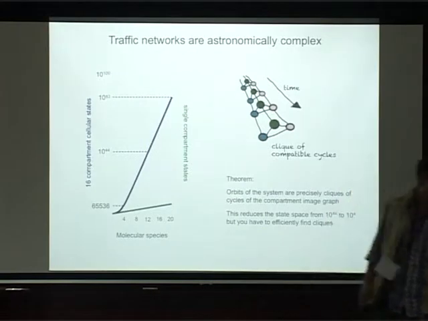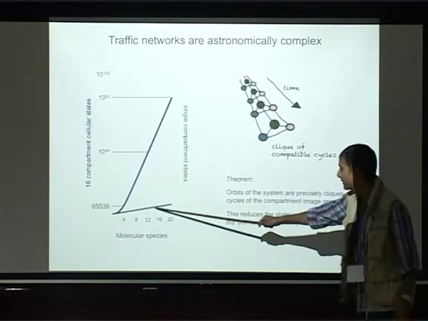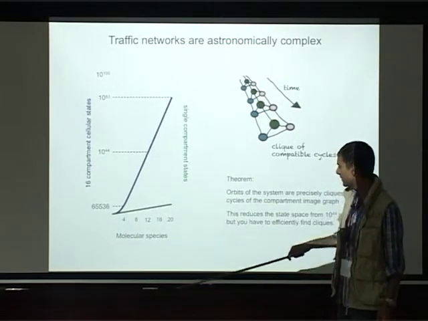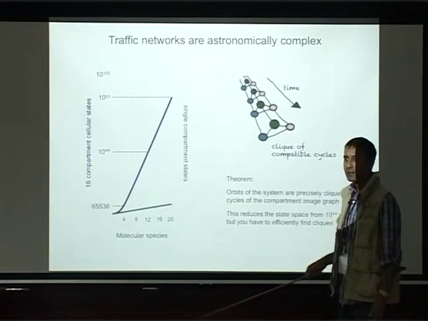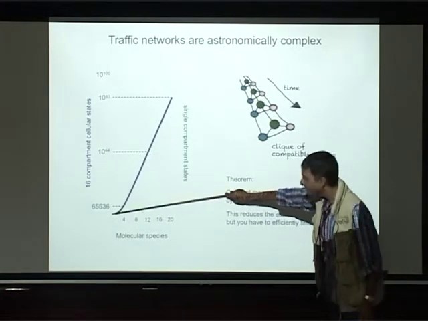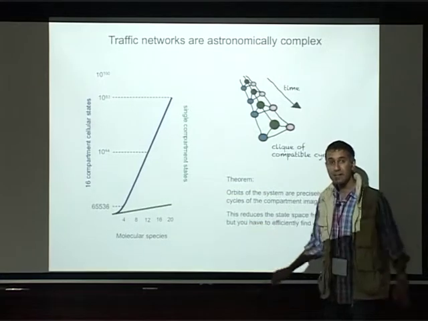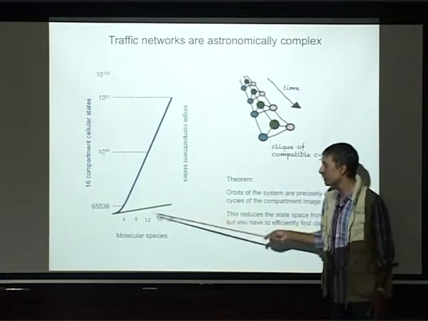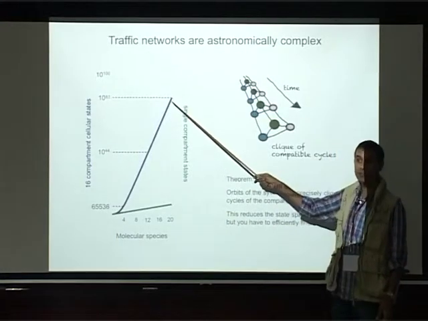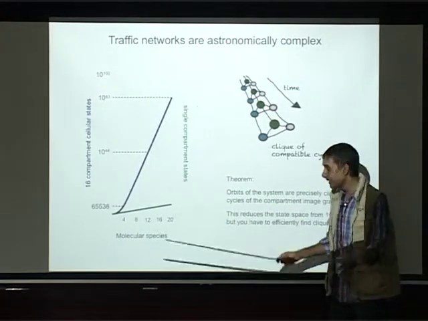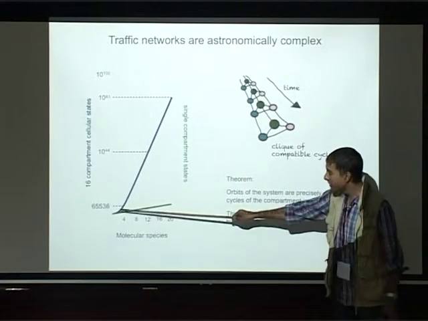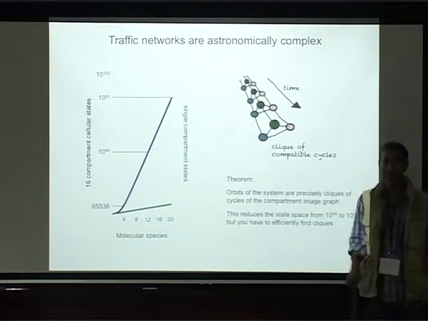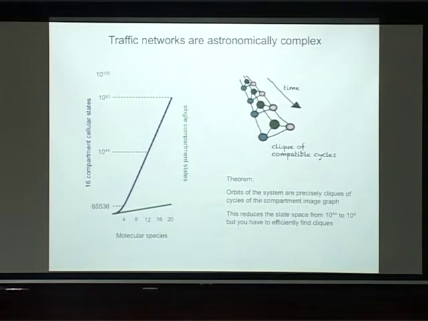With 20 molecules, it's about 65,000. The number of states a compartment can be in is quite manageable, but a cell is a combination of compartments. If you have 65,000 possible compartments, how many types of cells can you make? So even with a binary model, the complexity of trafficking systems is astronomical. It's ridiculous. Now this is where theory can actually make a difference.